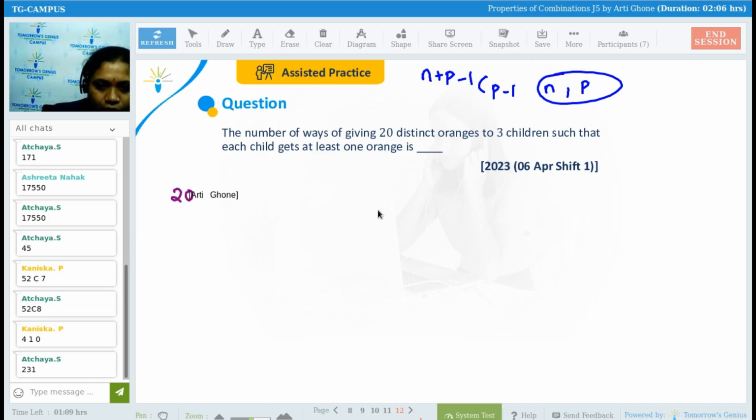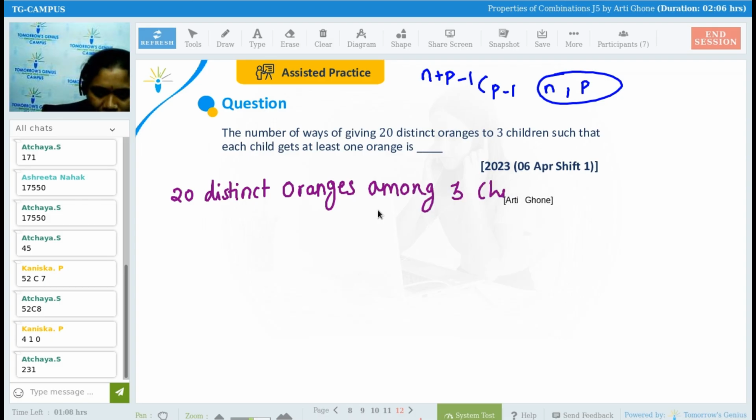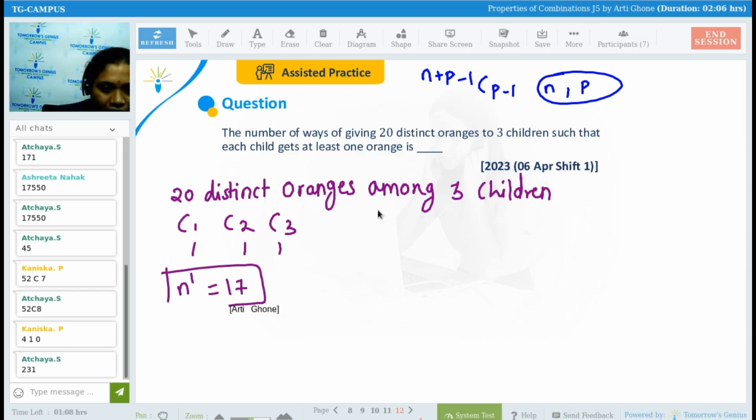Got it or not? 20 distinct oranges among 3 children. So if child 1, child 2, child 3 are getting 1, 1, 1, it is reduced to 17, as 3 are already distributed. Getting my point?